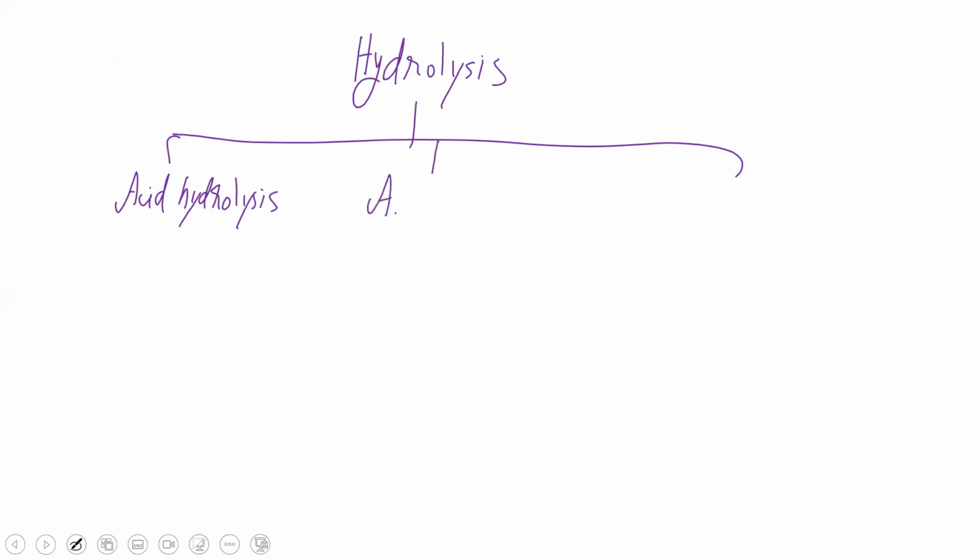Number two, alkaline hydrolysis. Number three, by water. Three types of hydrolysis are there: by using an acid, by using an alkali, and by using water.